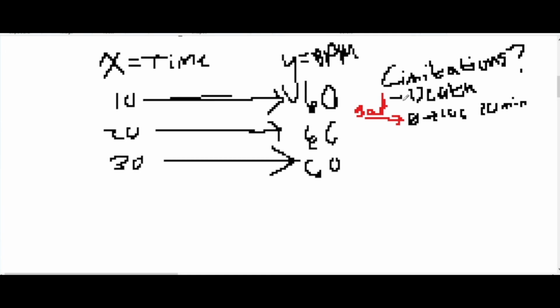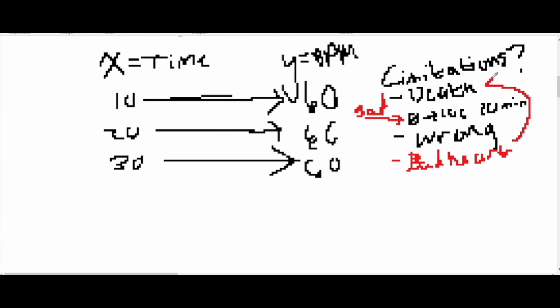So that's our first limitation here, because obviously your heart rate isn't changing. What's another limitation? If there's something wrong with your heart, say someone has bad heart issues that run in their family, that's going to cause a rapidly changing heart rhythm, which is obviously going to eventually result in death.